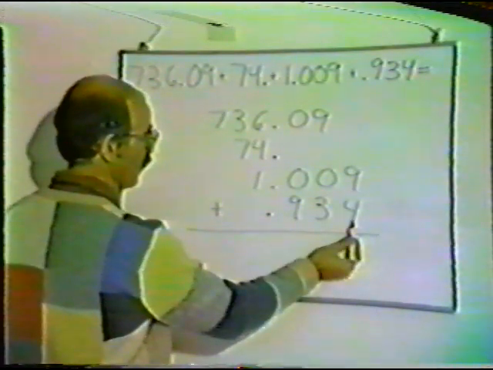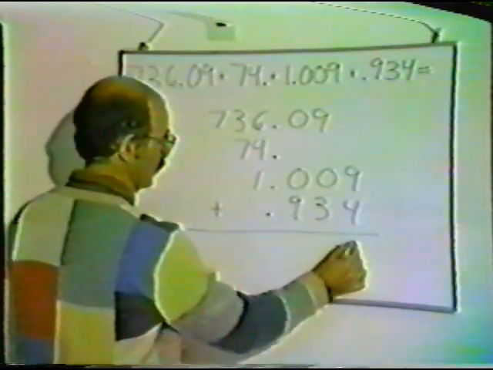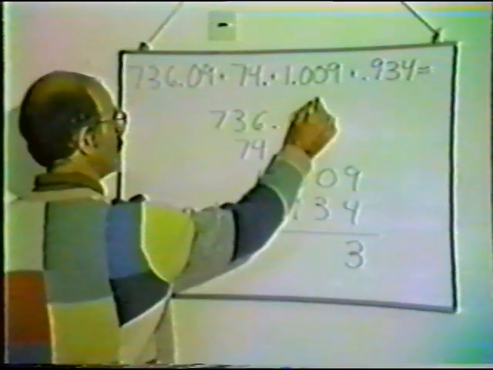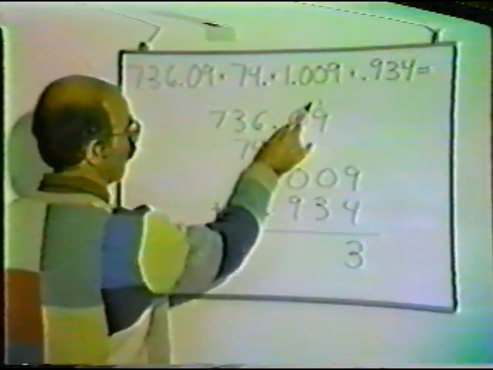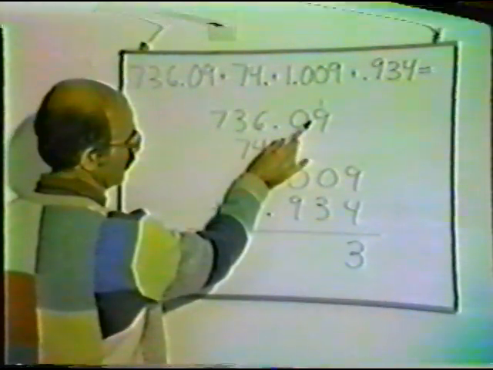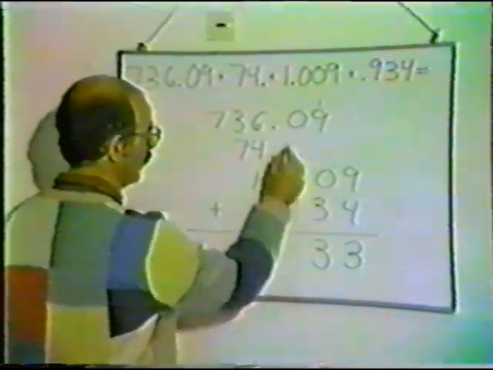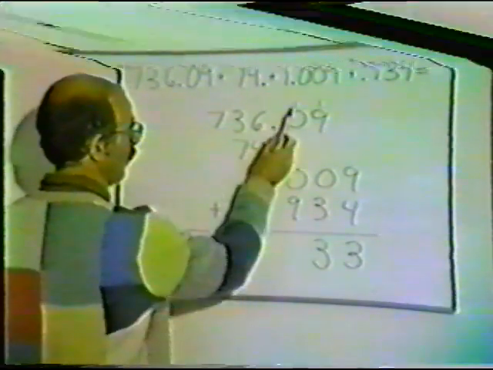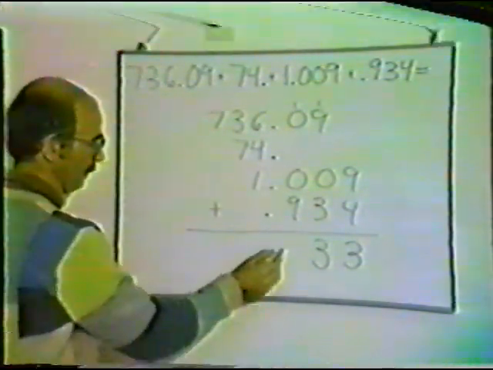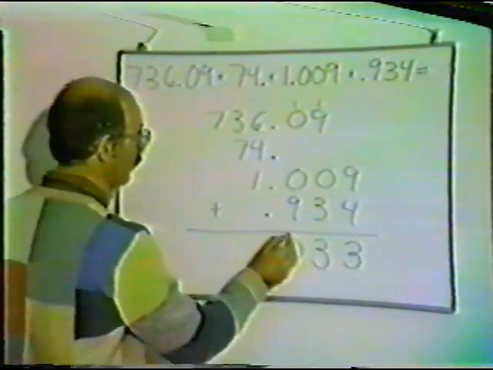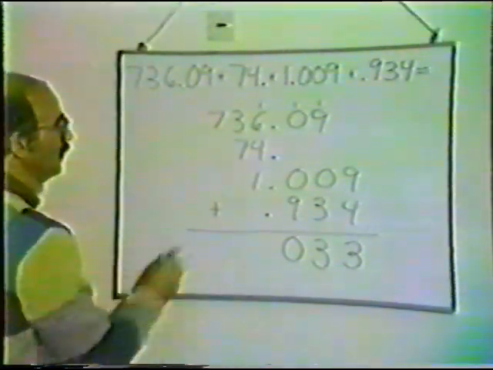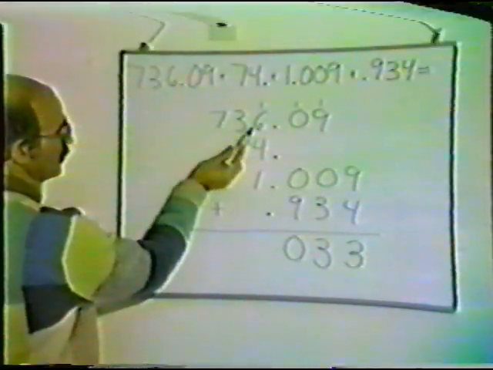9 plus 4 is? 13. Put down the 3, carry the 1. 1 plus 9 is? 10. Plus 3, 13. Put down the 3, carry the 1. 1 plus 9, 10. Put down the 0, carry the 1. 1 plus 6, 7.